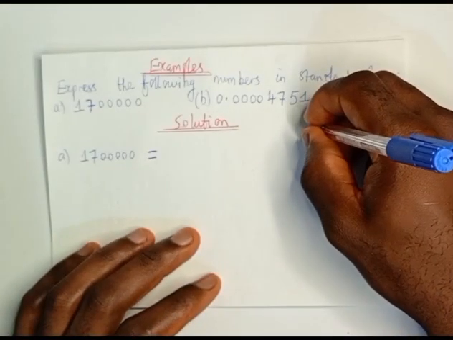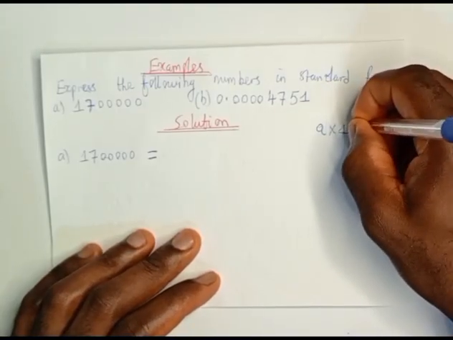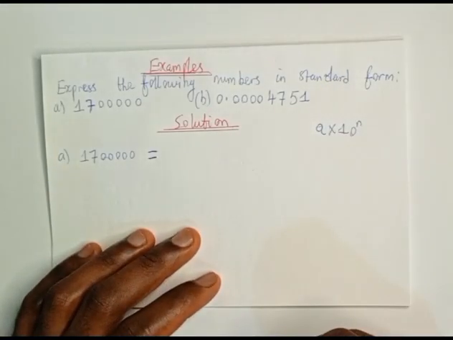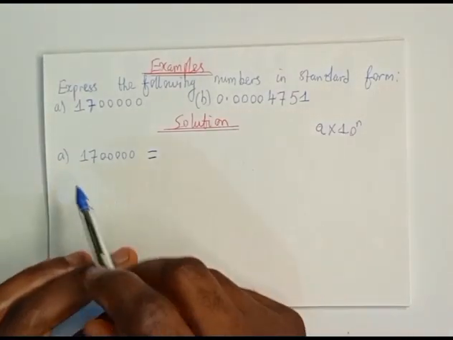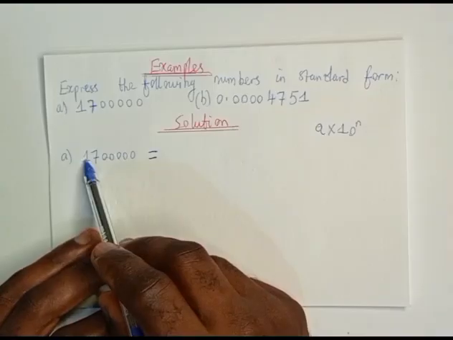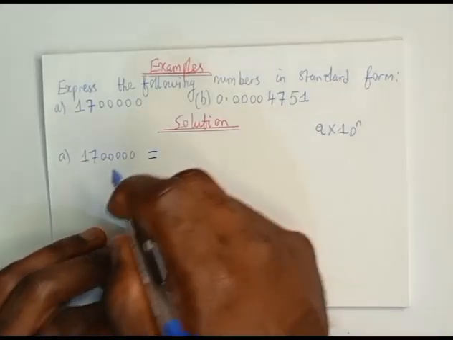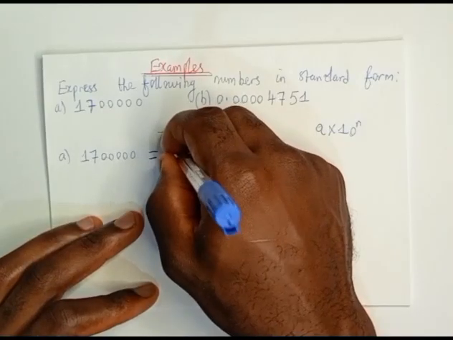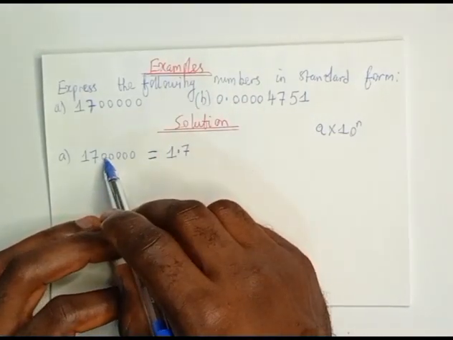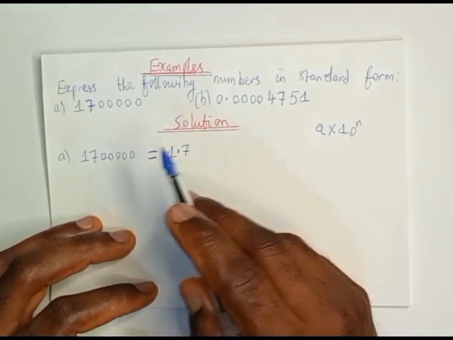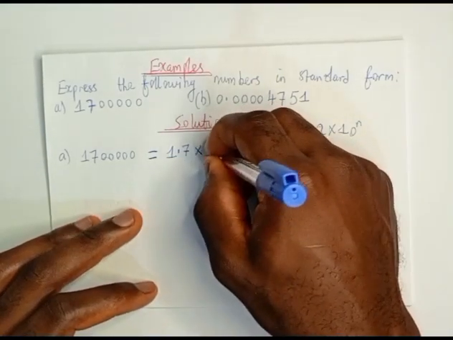This will help us in getting our a and the power n when we count the number of digits, moving either to the left or to the right. For this number, 1 is the first non-zero digit. We fix a decimal point after 1, and this will give us 1.7. Since after 7 all the other digits are zeros, we discard them.